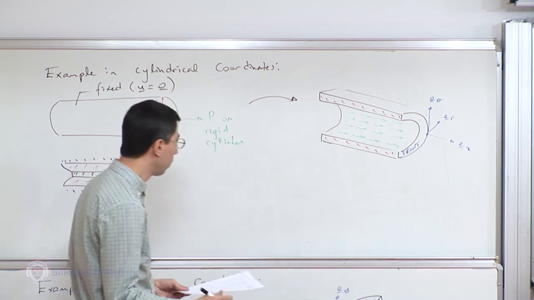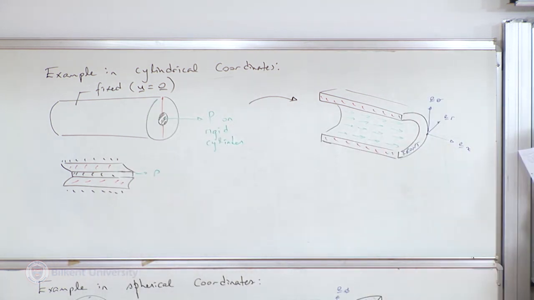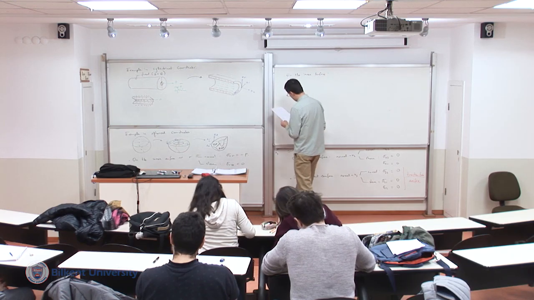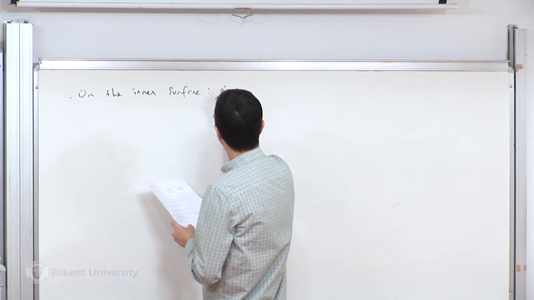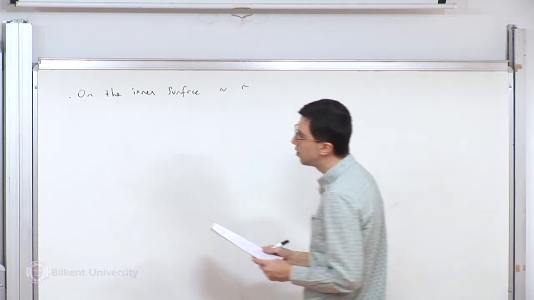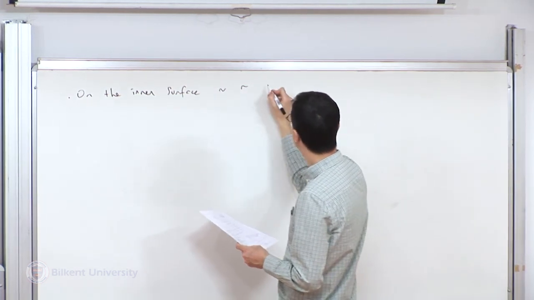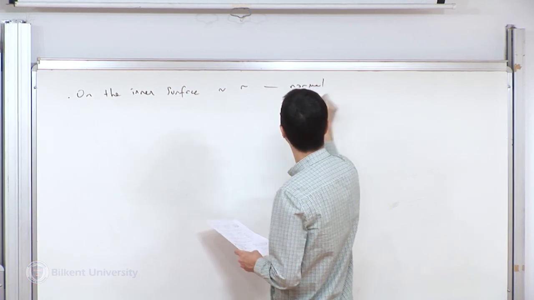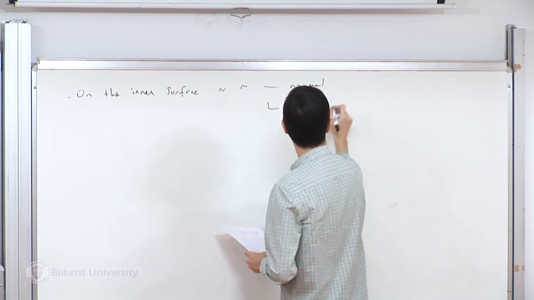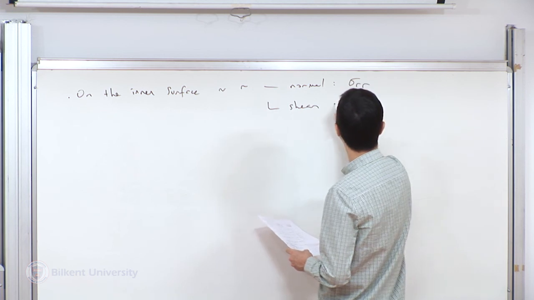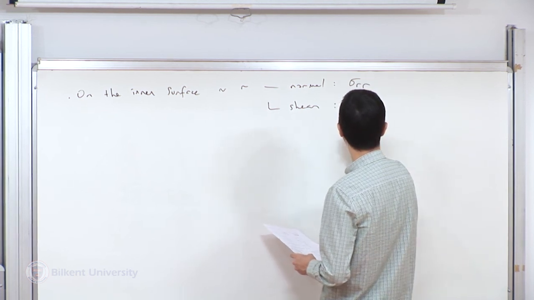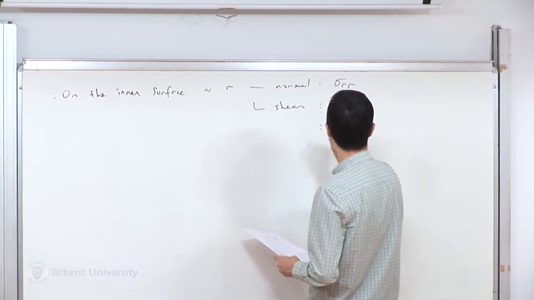Okay, so let's now talk about the components of the stress. So first, the inner surface. The inner surface is the plane with normal r. And there I will have normal and shear. The normal one is sigma_rr. The others are sigma_r-theta and sigma_r-z.